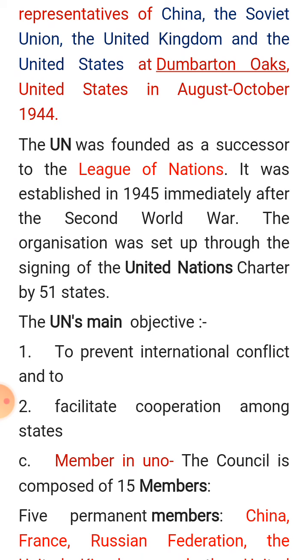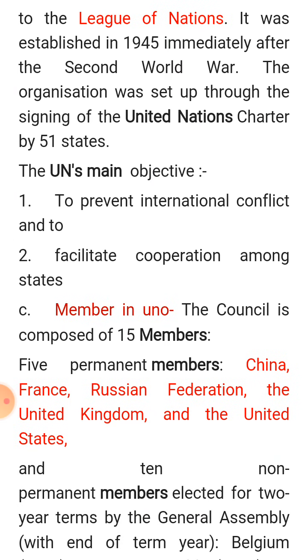But the League of Nations could not succeed because the Second World War started, 1939 to 45. So due to the failure of the League of Nations, the United Nations was formed. It was established in 1945 after the Second World War. There were 51 states, meaning nations.